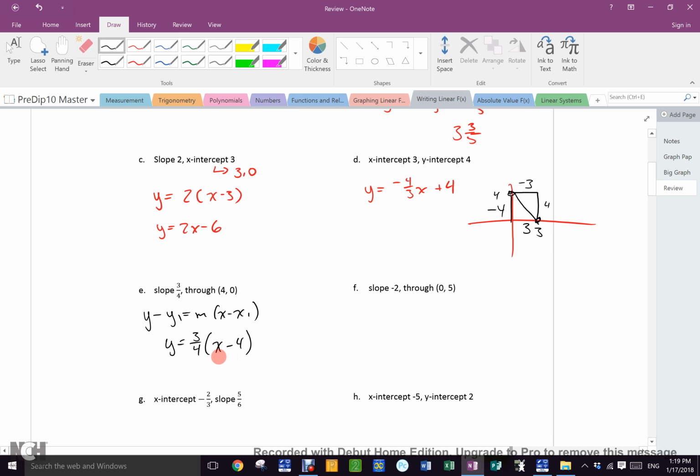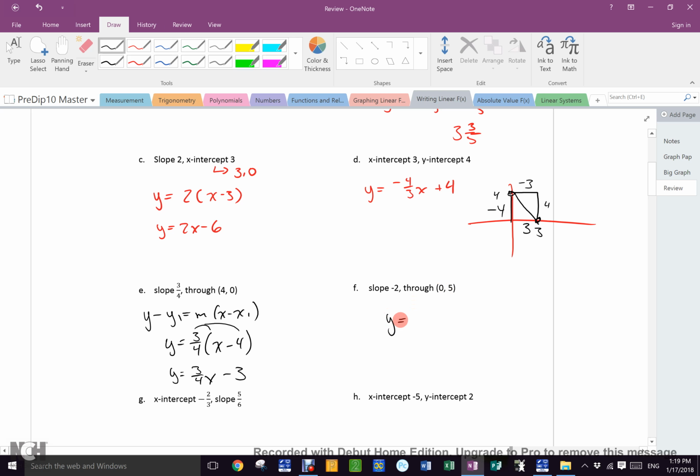That's point slope form. If you distribute that in, you get y equals 3/4 x, and negative 4 times 3/4 is negative 3. So those are the same thing.